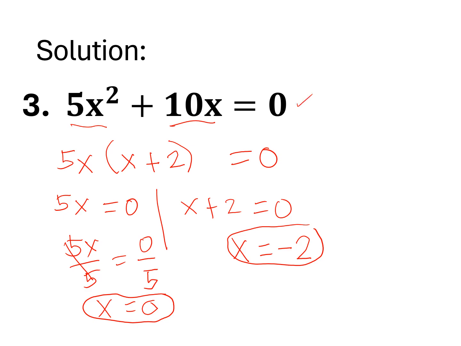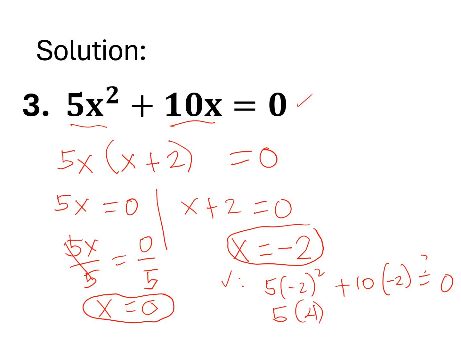And how about negative 2? So let us check. So 5 times negative 2 squared, then positive 10 times negative 2, is it equal to 0?